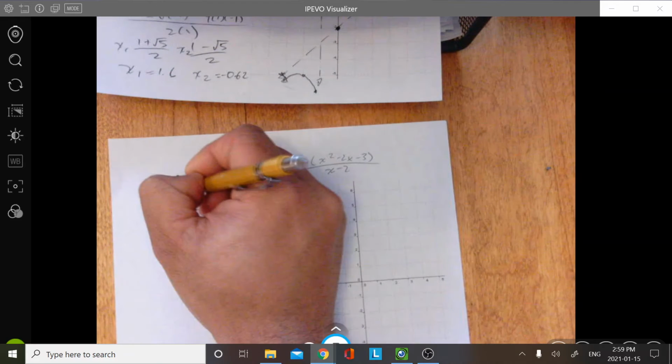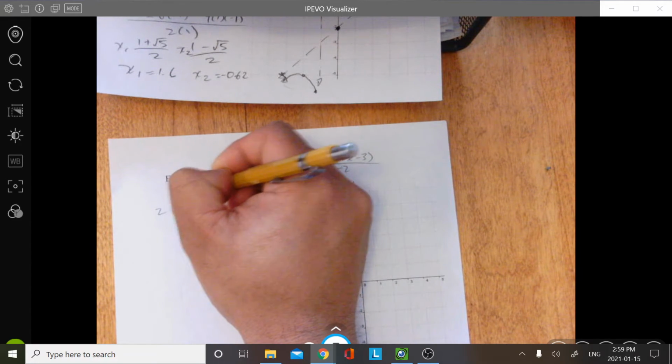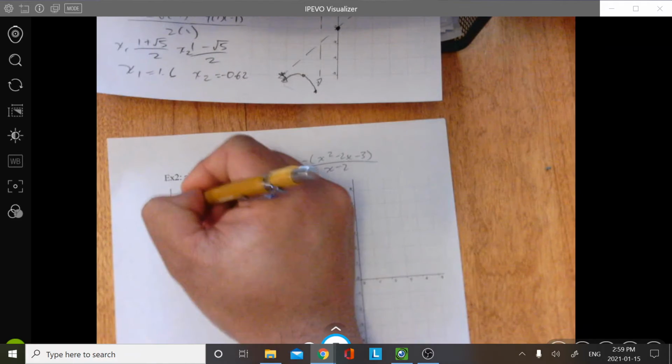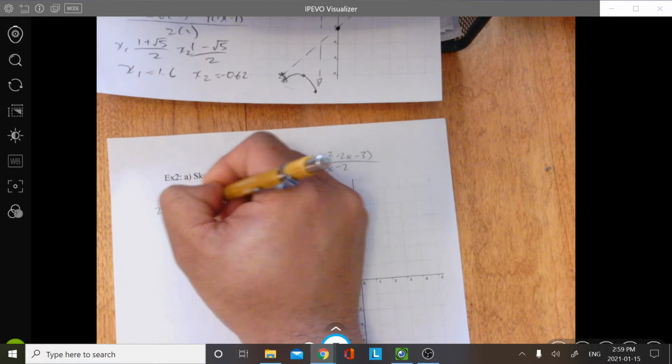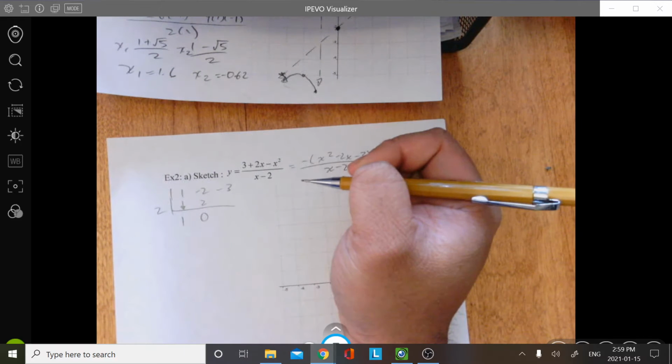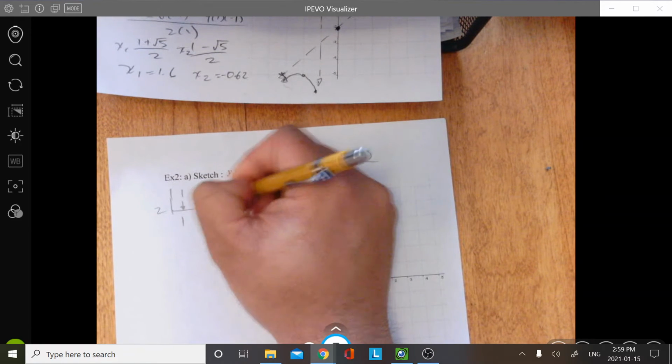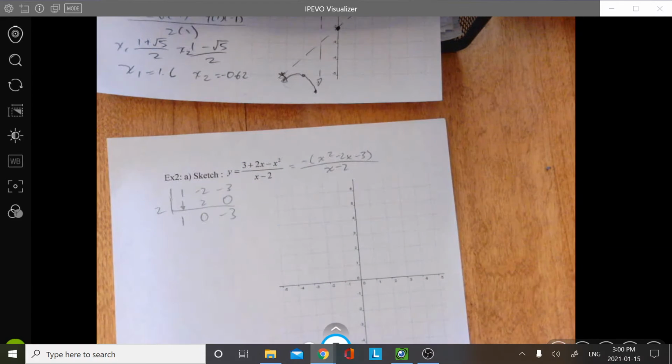So I'm going to use the factored out version, 1, negative 2, negative 3. So I'm going to drop 1, you get 2, you get 0, you get 0, and then you get negative 3.